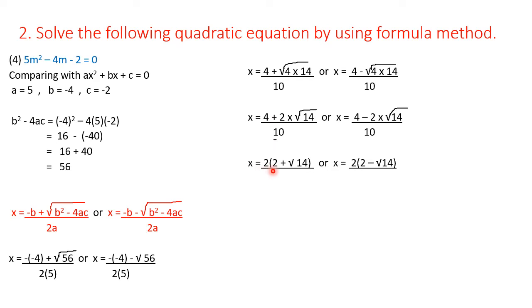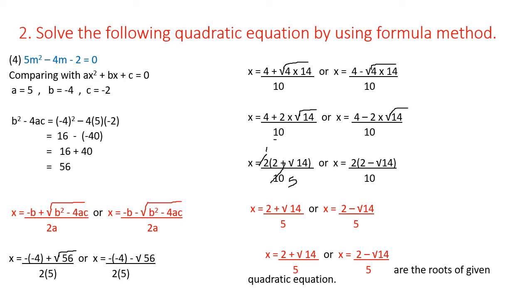So 2 goes outside, so inside, what into 2 gives you 4? So 2 into 2 gives us 4. This 2 goes outside, so inside the bracket we are left with only root 14, and this 10 we express as 2 into 5. So finally what we will get is this. Why? Because 2 ones are 2, 2 fives are 10. So you will be left with 2 plus root 14 and 2 minus root 14 over 5. These are the roots of the given quadratic equation.